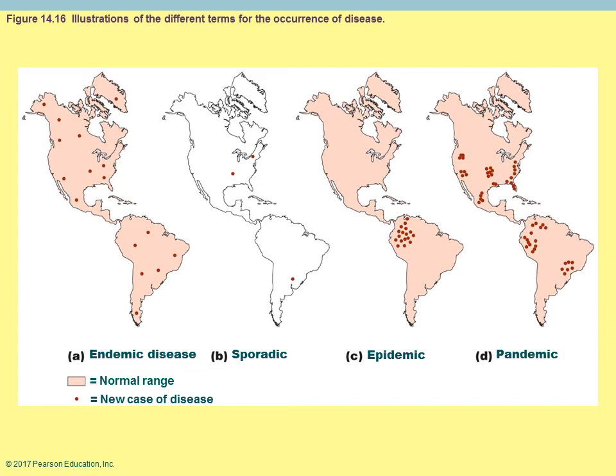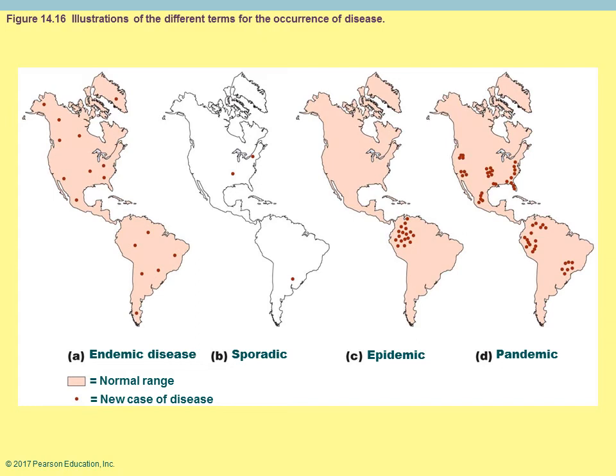Epidemiologists are going to use different terms when referring to the numbers or the occurrence of the disease. Endemic is what you tend to have always at any given time. You're going to have a few people who are going to be sick with a particular disease that you're looking at. So you would normally have what you kind of think of as a background level, and then you might have little spikes here and there, but nothing major.